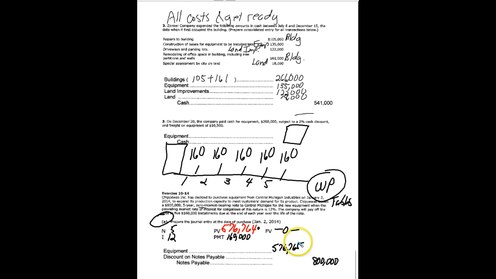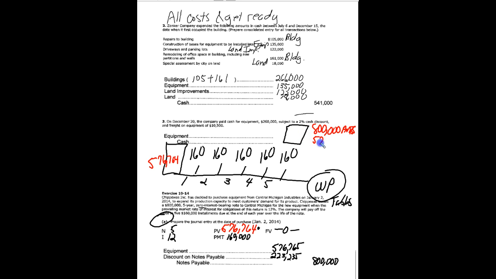Okay, then the difference between the equipment and the $800,000 is what we put in the discount, $223,235. So what do we have going on here? That means we got a present value of $576,764. So in the future, our total payments are $800,000.